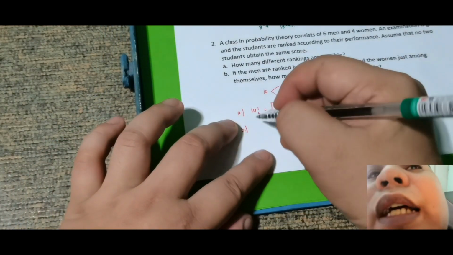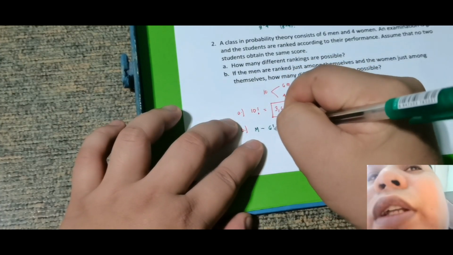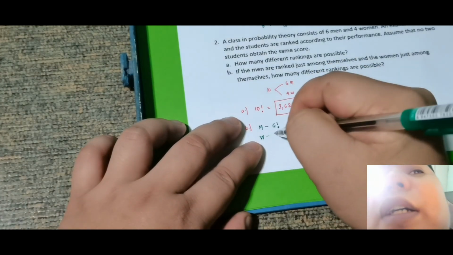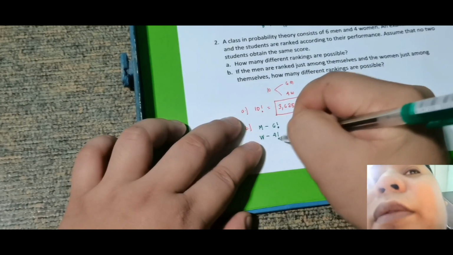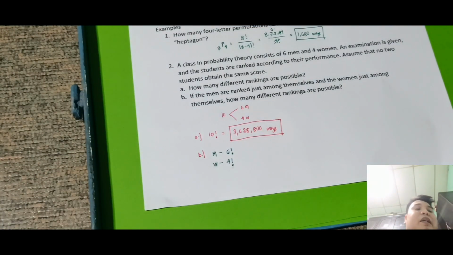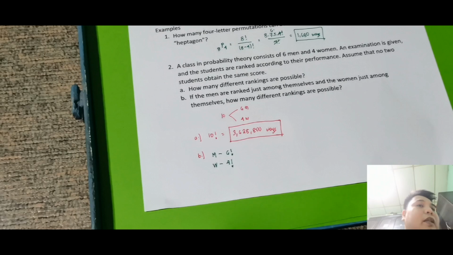Sa lalaki, kung yung mismong mga lalaki lang i-arrange natin, okay, there are 6 factorial. Sa babae, there are 4 factorial. Tama. Ngayon, ano sabi ng fundamental principle of counting? Kung merong event na ganito, so yung event na yung men lang yung irarank natin is just event. Tama.